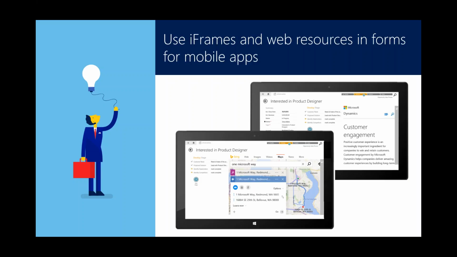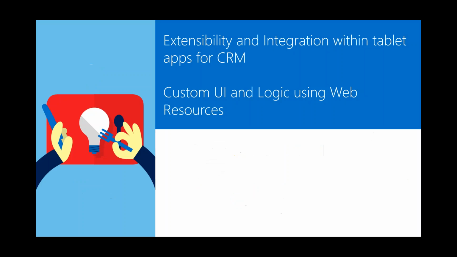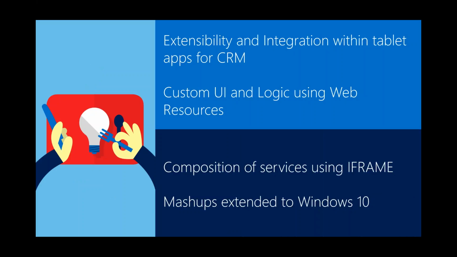This has always been something that was available in the standard CRM forms, but this is now transferred down to the mobile application. So I can see that customers will be able to improve business logic and create bespoke user interfaces within the mobile application by leveraging the iframes and web resources within the tablet view.